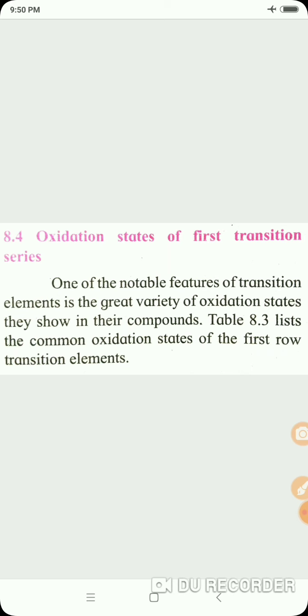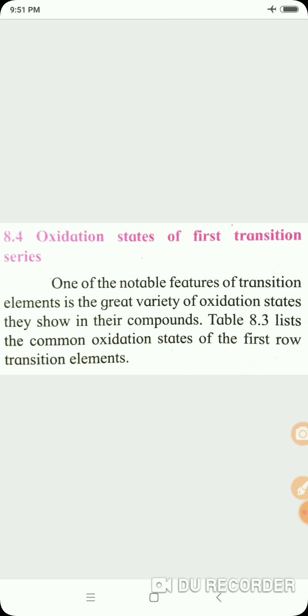One of the notable features means one of the most important features of the transition elements is that they show a variety of oxidation states in their compounds. Means when the transition elements form various compounds, they show various oxidation states. It is one of the most important features of the transition elements.